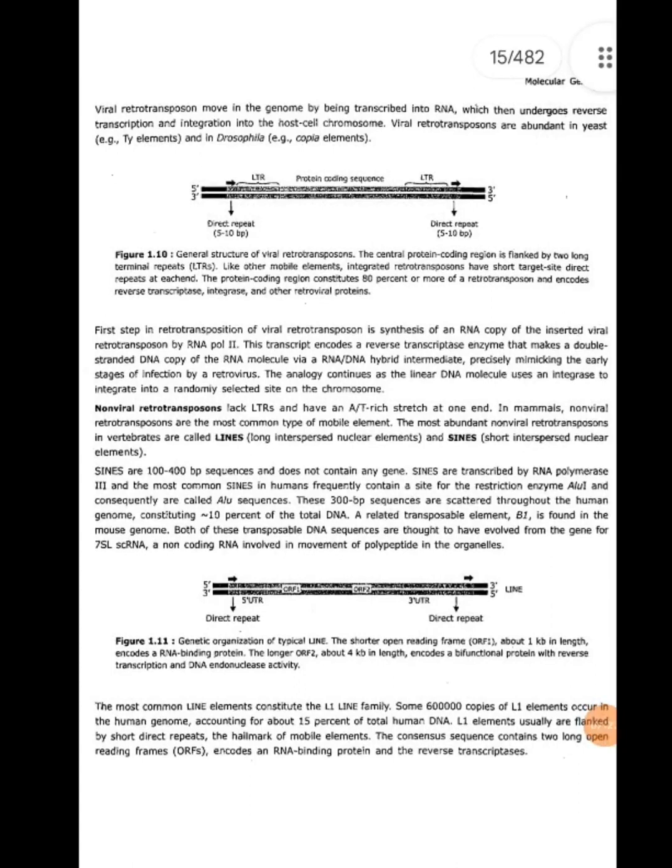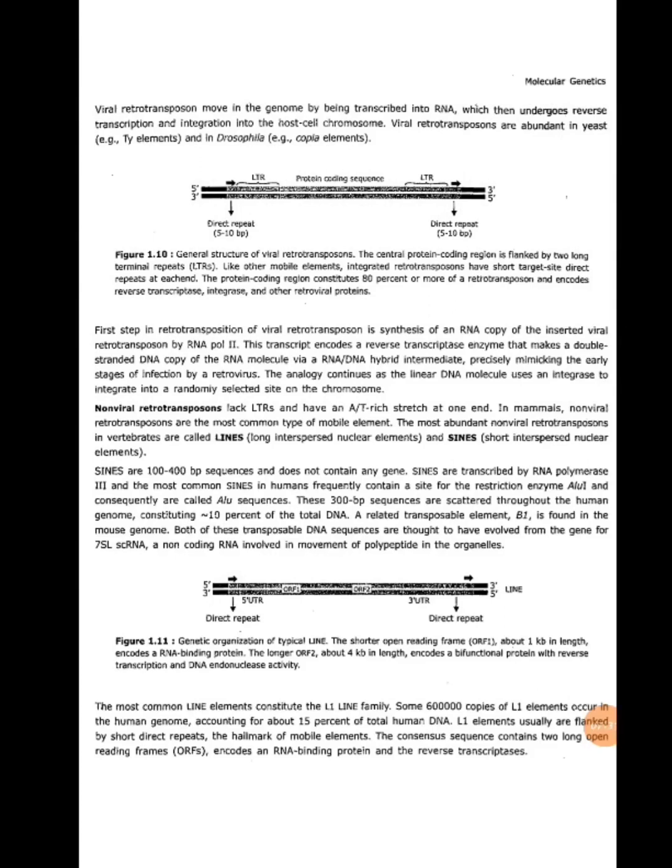Then reverse transcription occurs, where RNA is converted to DNA, and the DNA is integrated. Once DNA is integrated, an RNA copy is again formed by RNA pol 2. This transcript encodes a reverse transcriptase enzyme that makes a double-stranded DNA copy of the RNA molecule via a DNA-RNA hybrid intermediate.